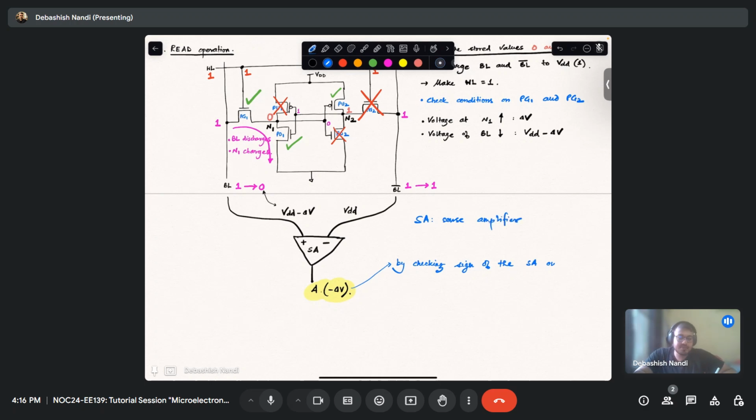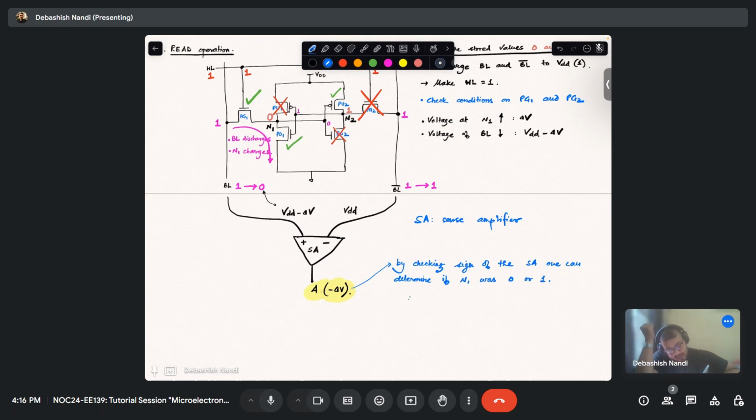By checking, just like an op amp for example, or any sort of differential amplifier you can use, by checking sign of the sense amplifier, one can determine if your N1 was 0 or 1.